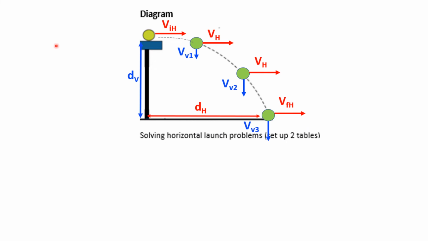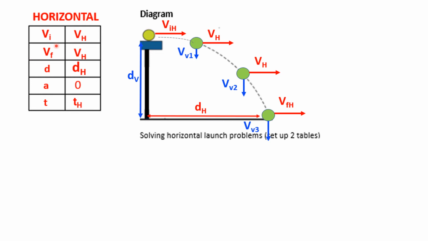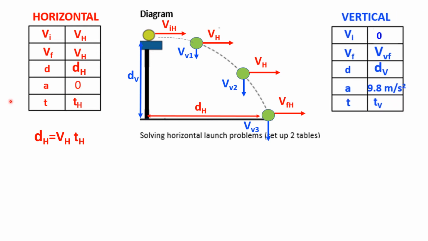Here is how I analyze horizontal launch. I separate both directions. One is horizontal, with the only formula that I can use because acceleration is 0. And the vertical direction: the initial velocity is always 0 because it's a free fall, and the acceleration is always 9.8 meters per second squared.